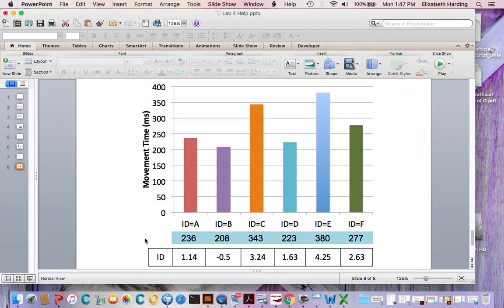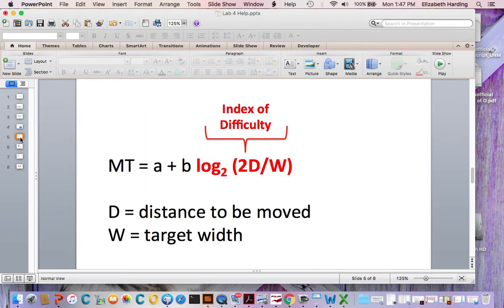what Fitts's law states is that the distance between targets and the size of the target matters. Sorry, I need to actually skip. Bear with me here. Okay, so this is movement time. This is a picture of movement time. Movement time equals a plus b, which are constants, times log base 2 of 2 times the distance over the width.